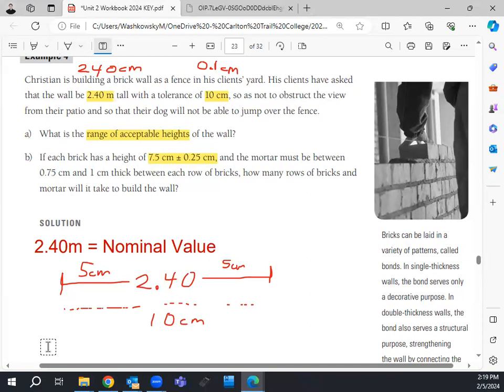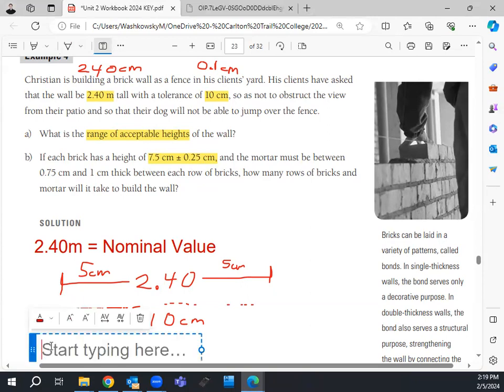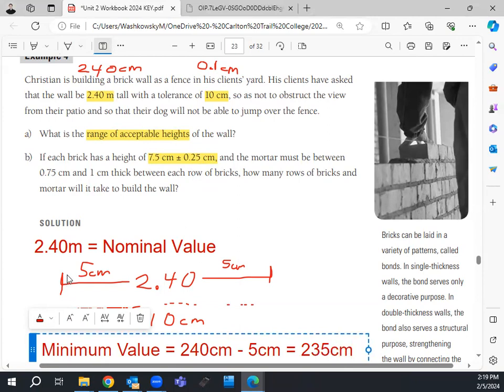So I'm going to put these in the same units. I'm going to go to centimeters. Let's try and avoid the decimals. So what's the minimum value it can be? Well, I know that they want 240 centimeters, and I know that it can be 5 centimeters shorter. So the minimum value is 235 centimeters, right?